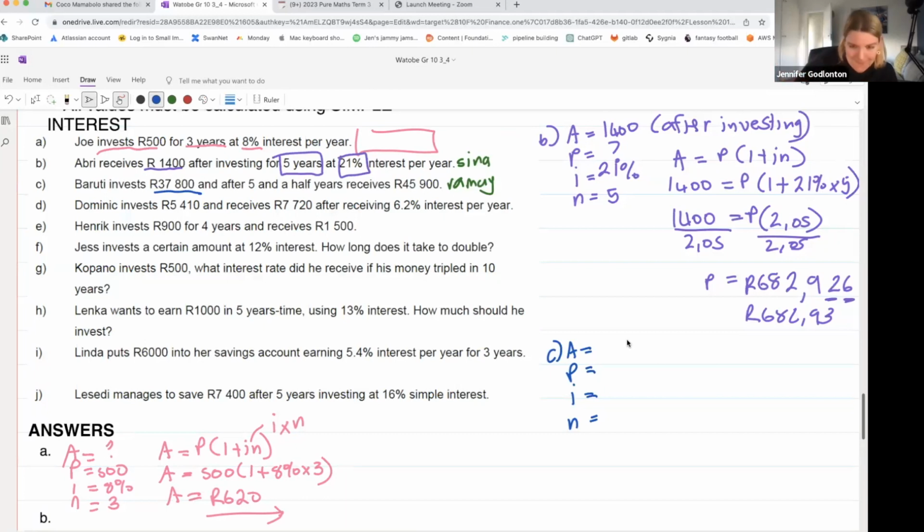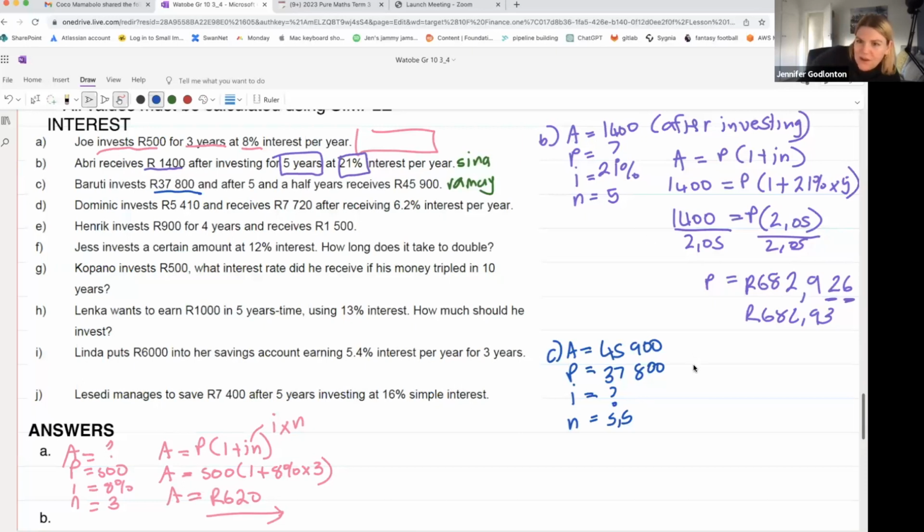So our A is going to be 45,900. Beautiful. P is 37,800. Yes, beautiful. So our I is missing, and our N, it's 5.5 or 5 and a half. Good. Beautiful.